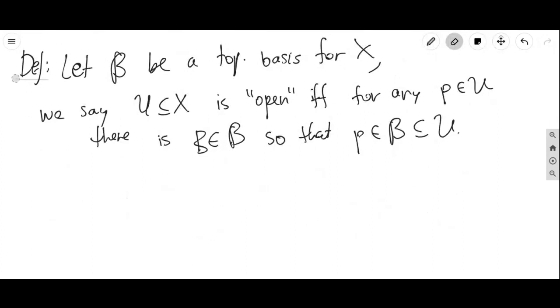And of course, when you see this definition, the immediate question is, does this define a topology? Because you have to check whether or not the open sets satisfy the three conditions.